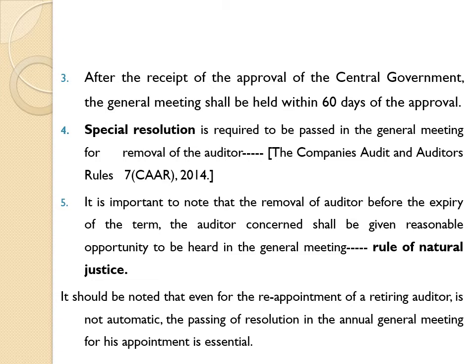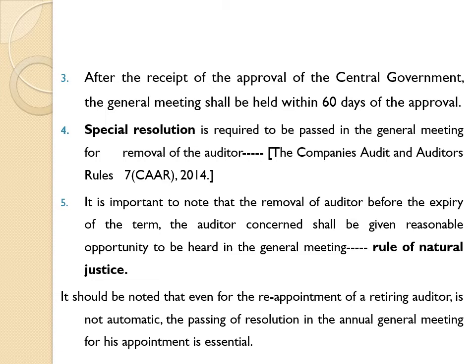I would like to repeat these three items in a simple manner. Firstly, a company is required to pass a special resolution. After passing a special resolution, within 30 days, a company is required to get approval for such removal from the central government.